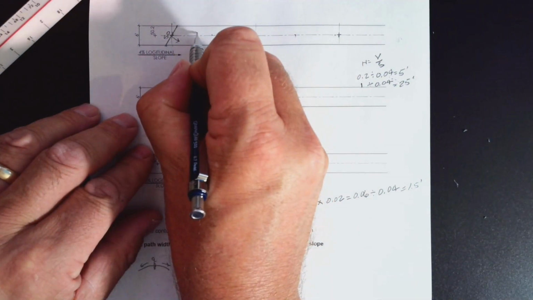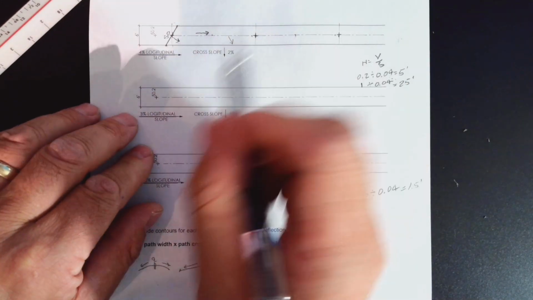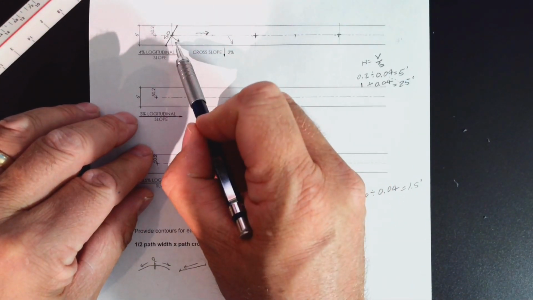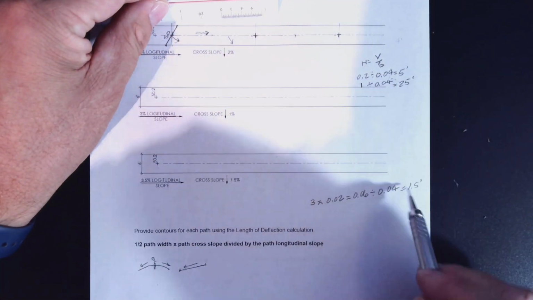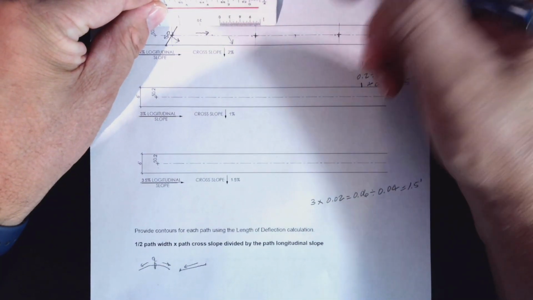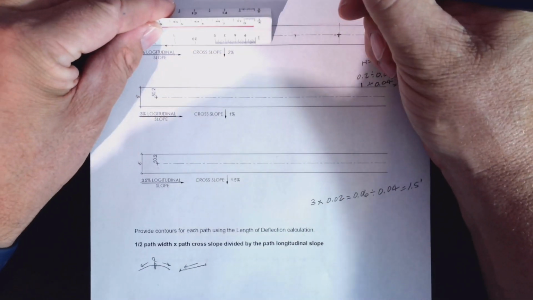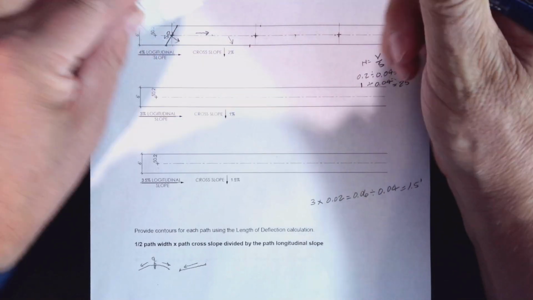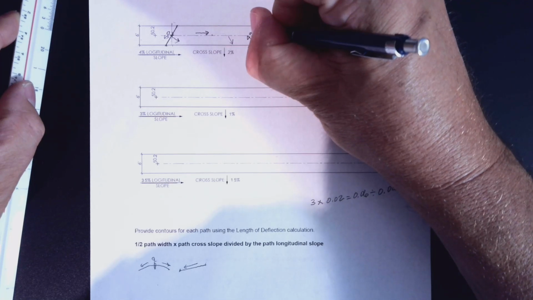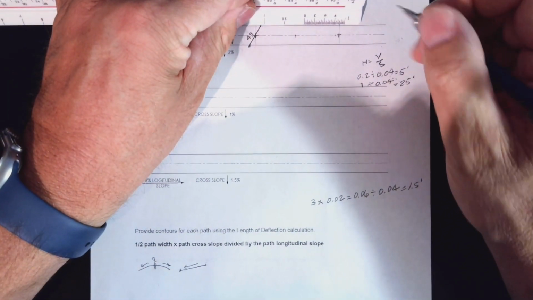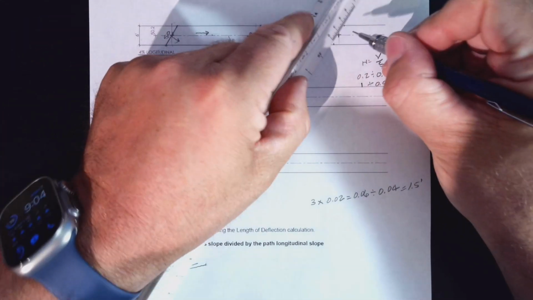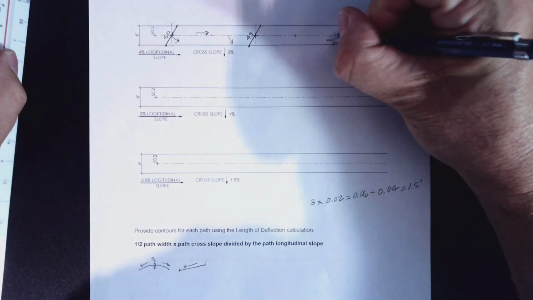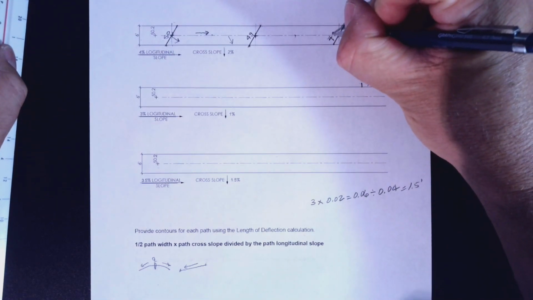So your longitudinal slope is going this direction, your cross slope is going this direction. Then we just do the same exact thing, this 1.5 feet on each one, each of your contours, each of your spot elevations, and connect it. Boom. There's 49, and then 48.